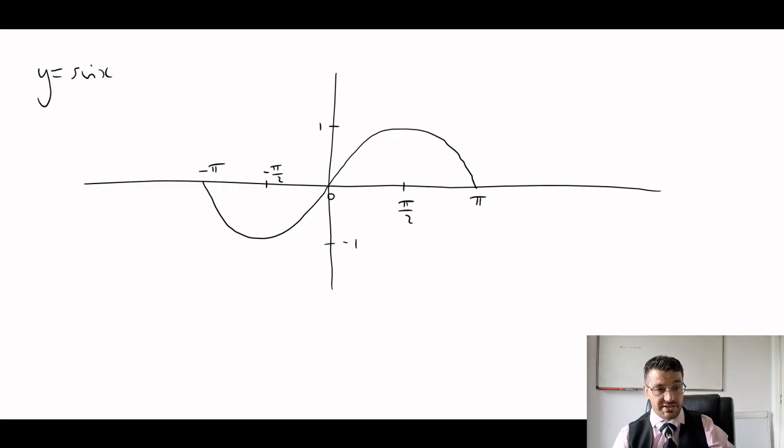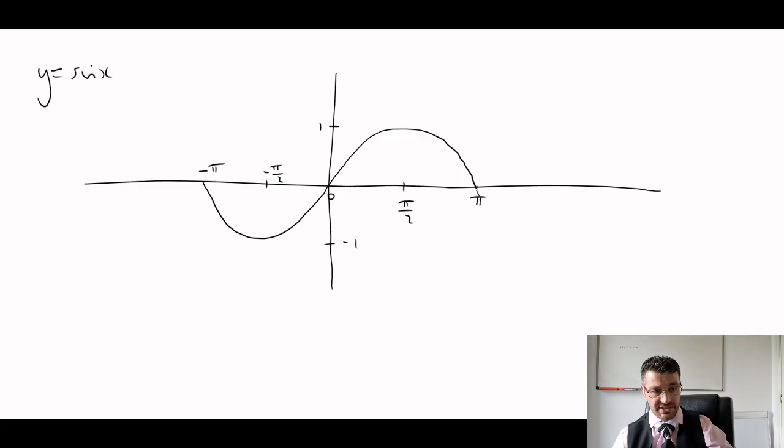And the graph is going to continue. It's going to oscillate. It's 2 pi periodic, so it repeats itself every 2 pi radians. And I am going to be using radians in this video, not degrees. We need to get used to using radians. Going forward with advanced mathematics, higher level mathematics, you will need to use radians, not degrees.